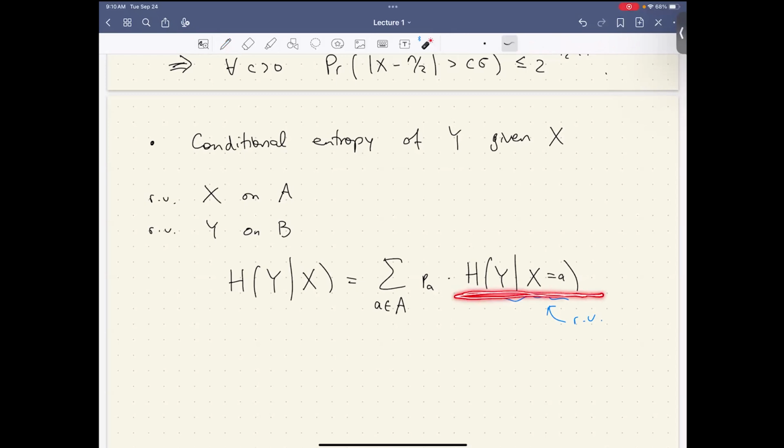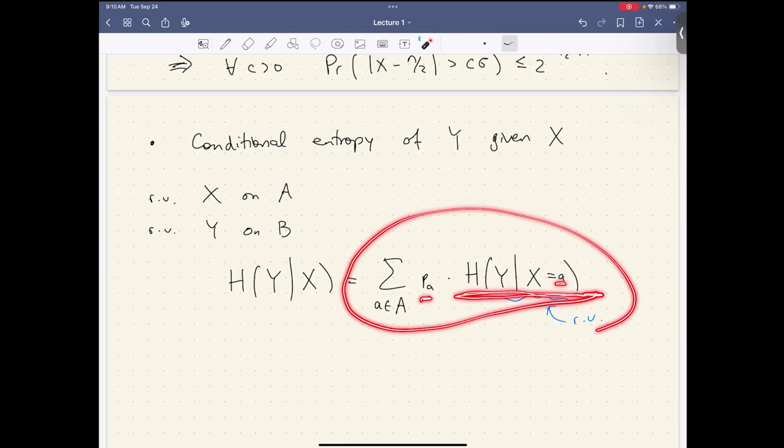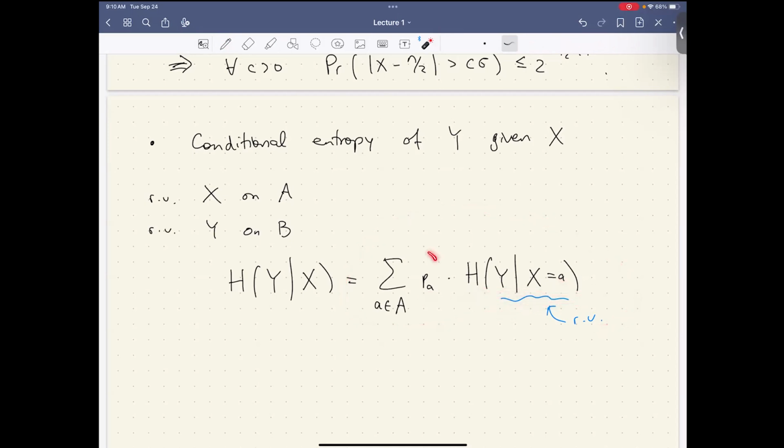After you measure the entropy, you take the weighted sum for each little a. This weighted sum is basically the expectation, so another way to write this is the expectation over a in A of the entropy of Y given X equals a.